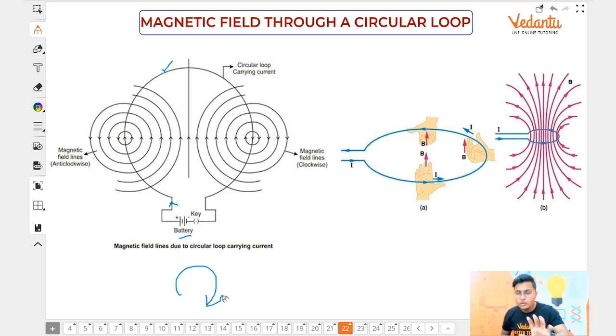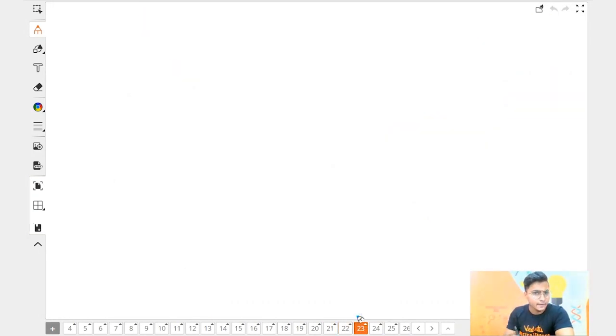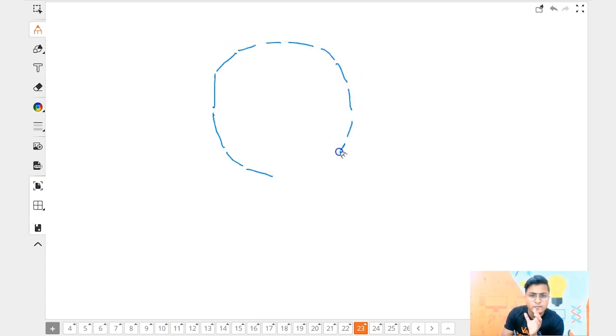The best way to understand, as I already told you in the starting, I'll tell you the right way. So just look into it. This circular coil, guys, can we say that it is like straight conductors? Any circle is nothing but an infinite number of points.